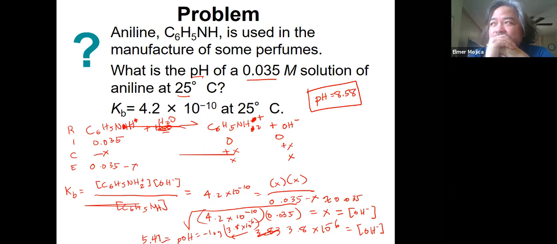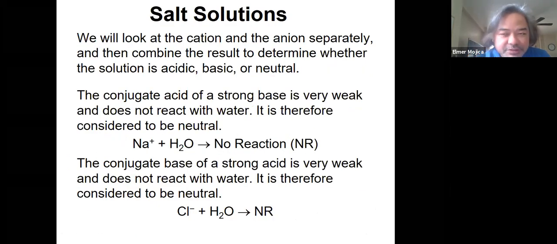So we get the pH of a weak acid, we get the pH of a weak base. What else can we get? Knowing a system at equilibrium. Okay? So the next thing that we can determine, aside from the weak acid and the weak base, is what we call a salt solution. So a salt solution is usually made up of what? Cation and anion.